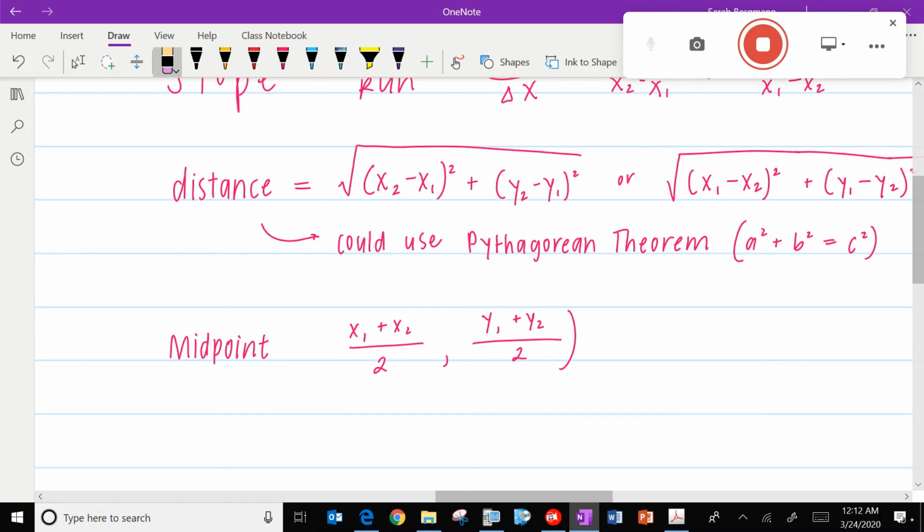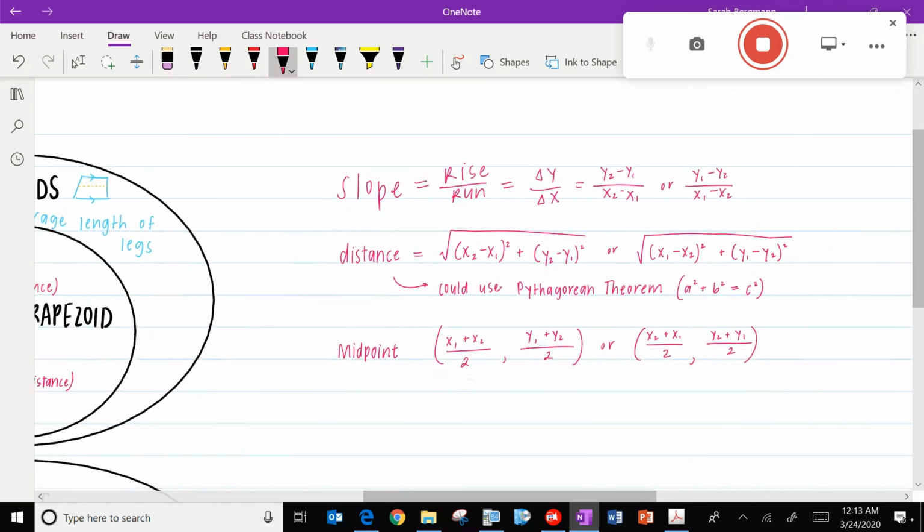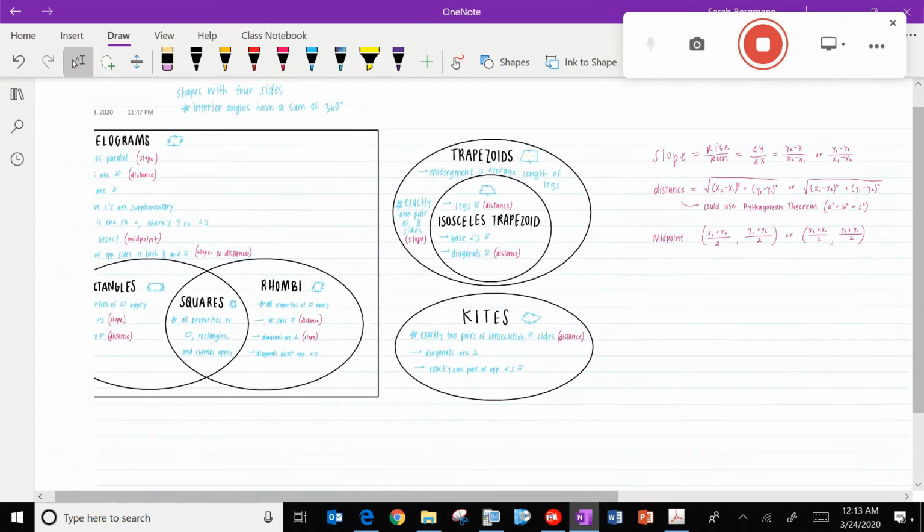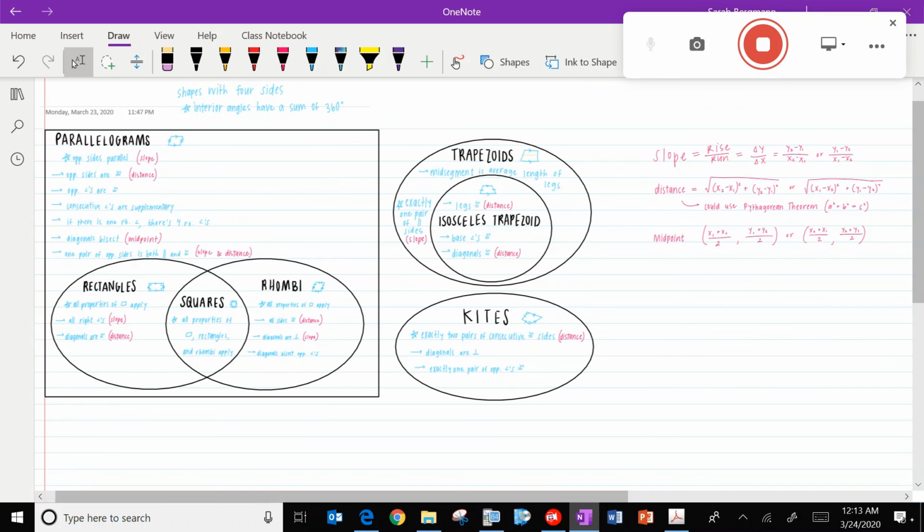It doesn't matter what order you add your x's or y's, so you could also do x2 plus x1. It doesn't matter. Just make sure that you're keeping your x's together and your y's together. And then simplifying. Okay, let's see, were there any other formulas that we needed to talk about? I think that's all.